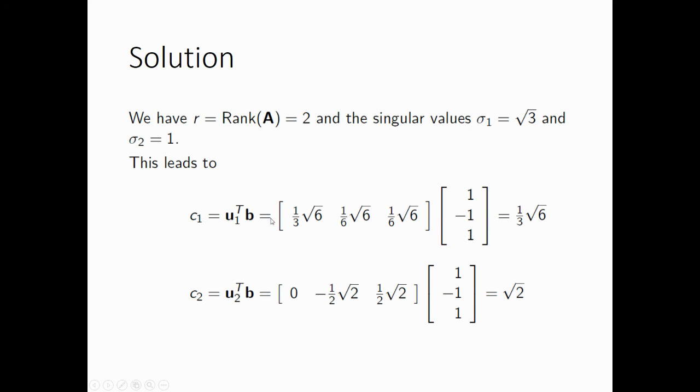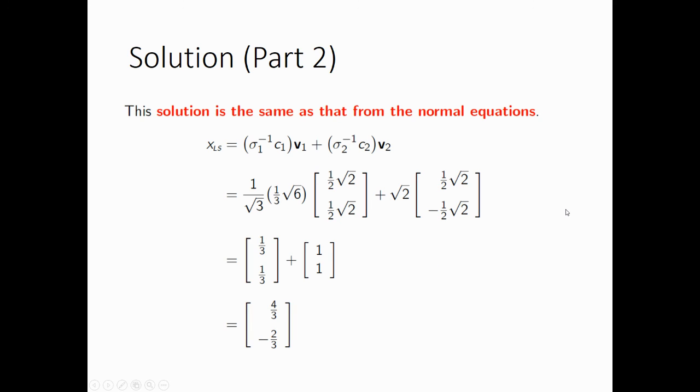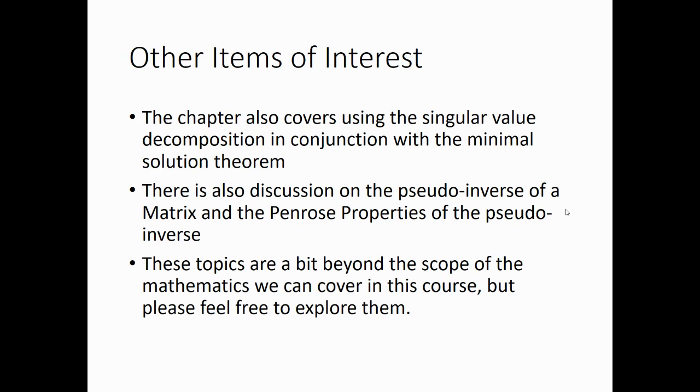The first one is the first column of the singular value decomposition, and the second one is the second column of the singular value decomposition multiplied by that solution vector, and those give us two values, C1 and C2. We can use these two values to put together the solution, along with the inverses of those singular values. And voila, we have a solution that's the same as that from the normal equations.